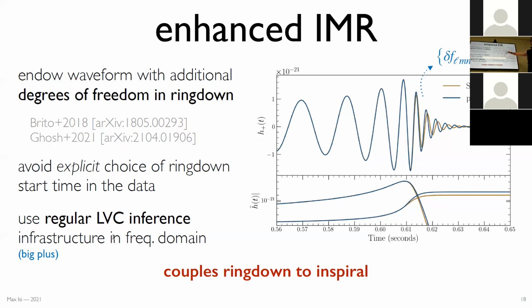If the final remnant is not a Kerr black hole, then probably the earlier part of the signal also is not exactly what we expect it to be for two Kerr black holes. And so your measurement of these deviation parameters will be necessarily tied to the whole thing, and it'll be hard to disentangle. At the same time, we can introduce similar parameters like I mentioned earlier with these delta f and delta tau, and they will be telling you something about the consistency between the different ringdown modes, but also between the ringdown and the merger, because you're doing everything at once. So this is one way of doing it, and in the collaboration, we have done this.